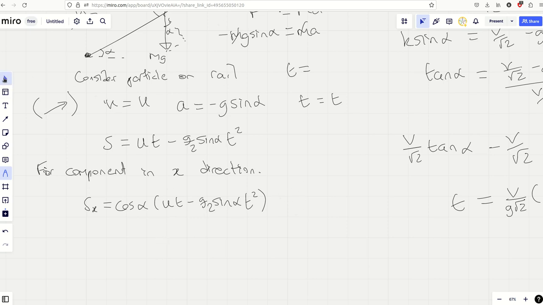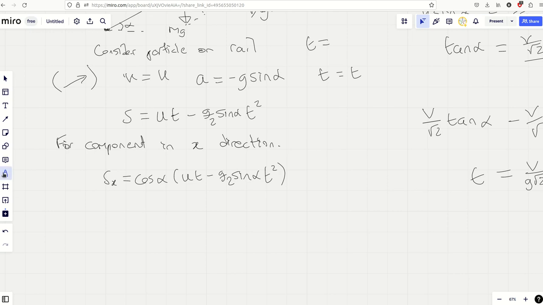Now we can also do exactly the same thing for the previous particle, the projectile. So let's just put for projectile, we've got u equals v over root 2, v over root 2. You've got a equals 0, minus g.